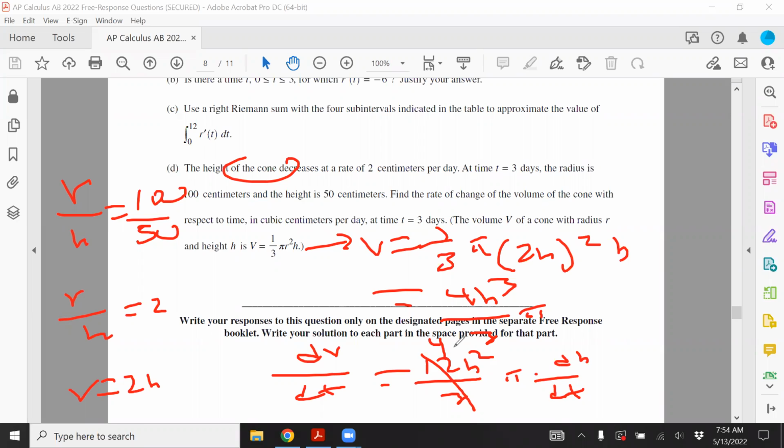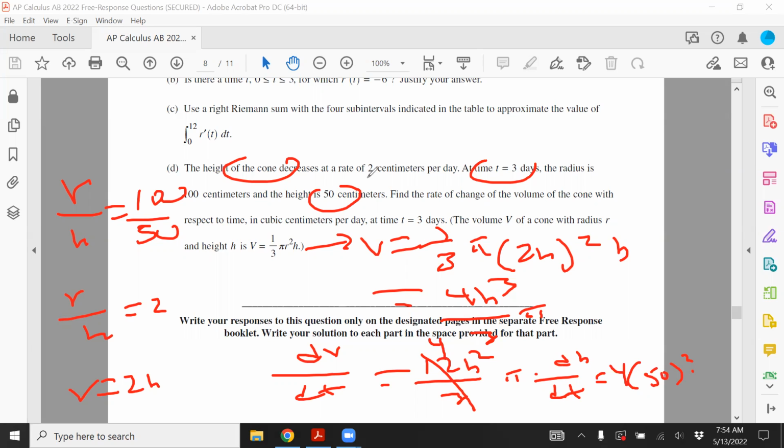And if you plug in 50 for H, because they said they do this at t equals 3, which is at 50 for H. They said that there, so you make that connection. dH over dt, oh, we don't know dH. Oh, no, it decreases at negative 2. Yeah, okay, I'm losing my mind here.